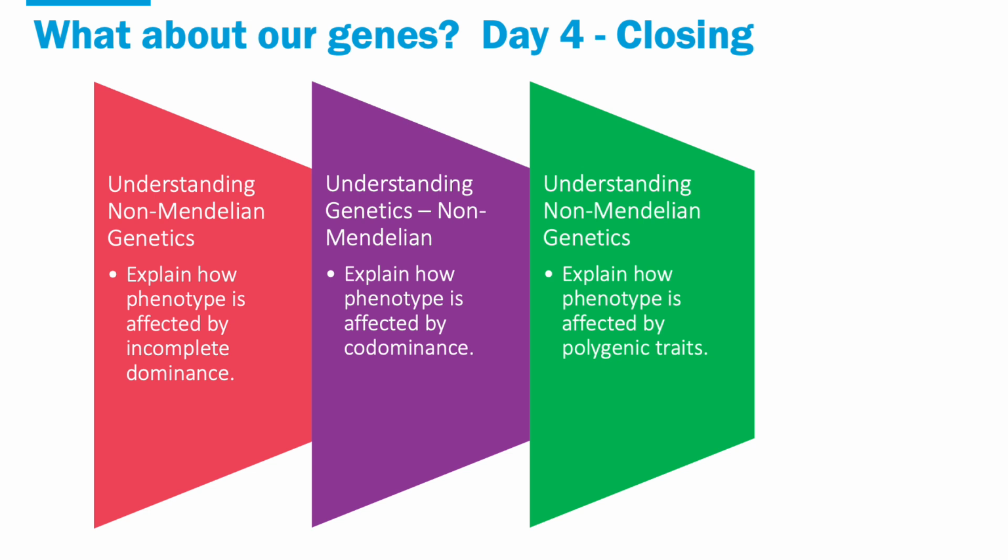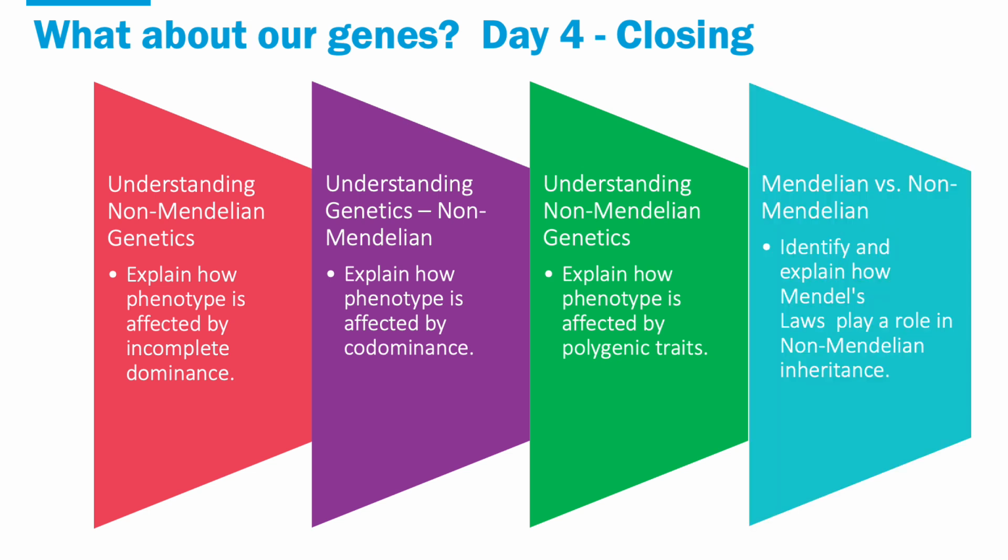Polygenic traits are when you have multiple genes that are going to be responsible for determining the phenotype. And in order to look at all of those different types of inheritance, we're still using Mendel's laws, which we would need to be able to complete the Punnett squares.